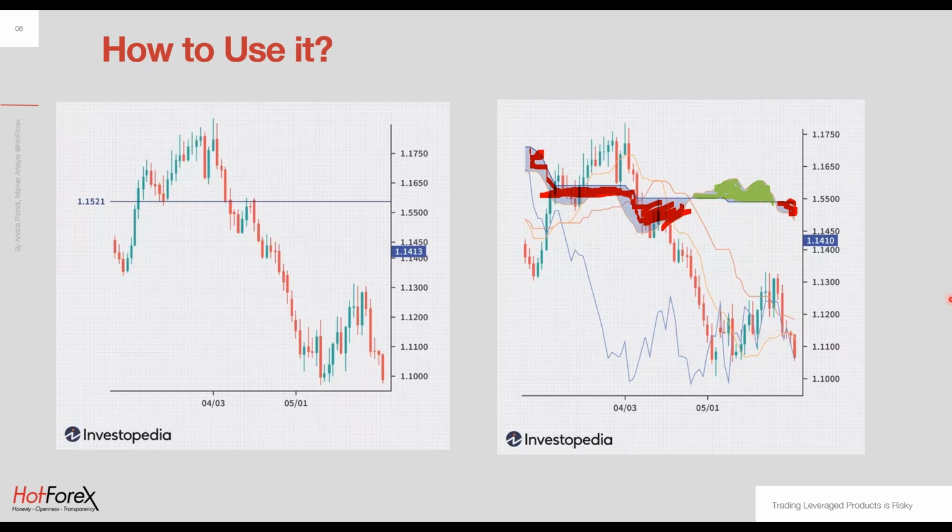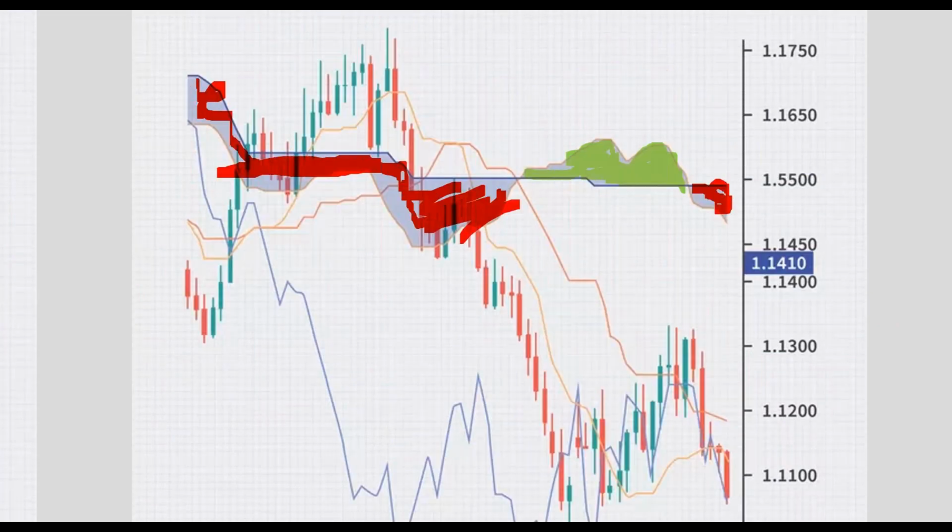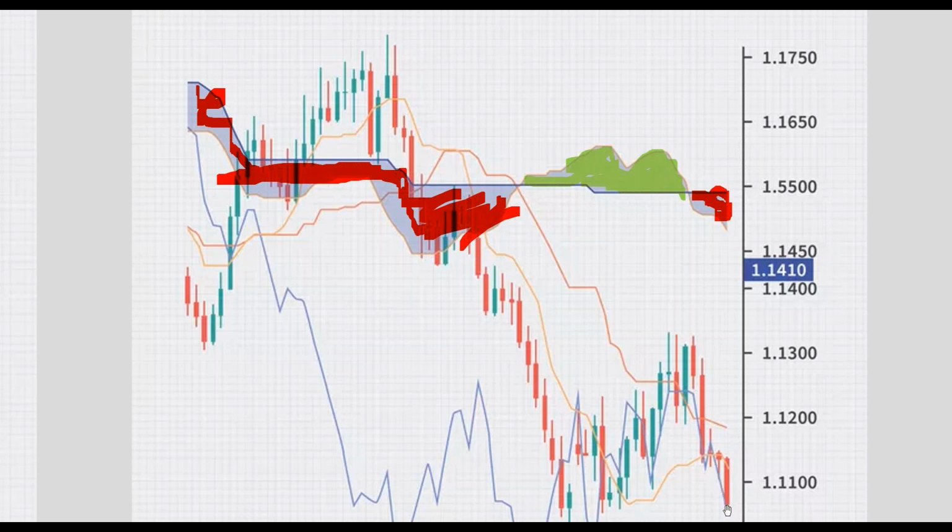And if I zoom in, you can see that the blue line crossed below the red line. So that's an entry point because the cloud already turned red, and we have a bearish signal from these two lines, indicating further decline. Okay, are you okay so far?